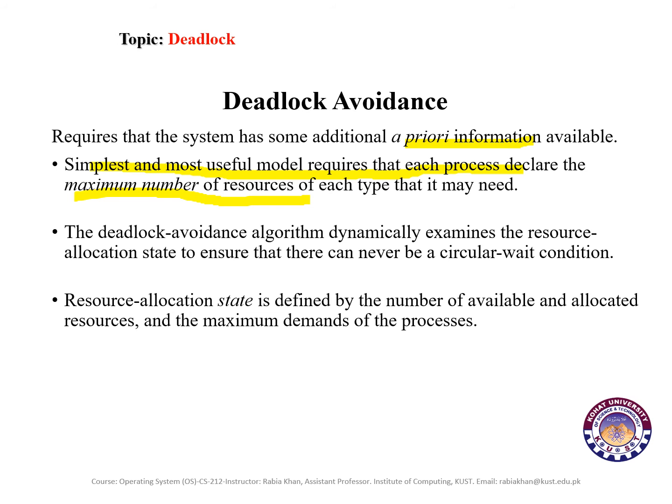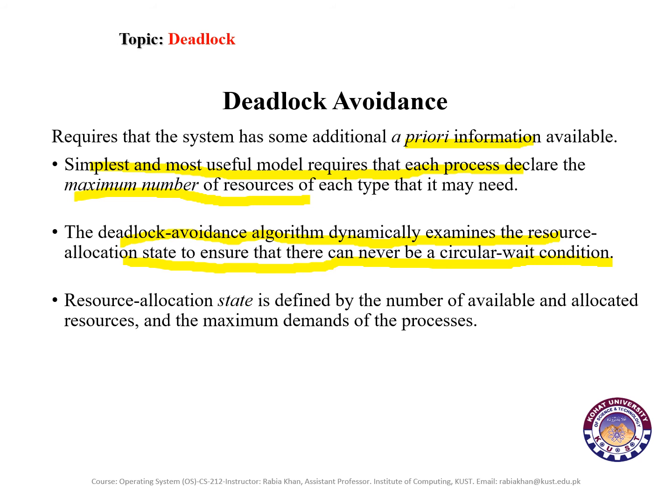Then the deadlock avoidance algorithm examines the resource allocation state to monitor the circular wait which may lead to deadlocks and ensure that circular wait will never occur. So the deadlock avoidance algorithm will be run in order to observe the resource allocation state to find out the circular wait, since circular wait can bring deadlocks.